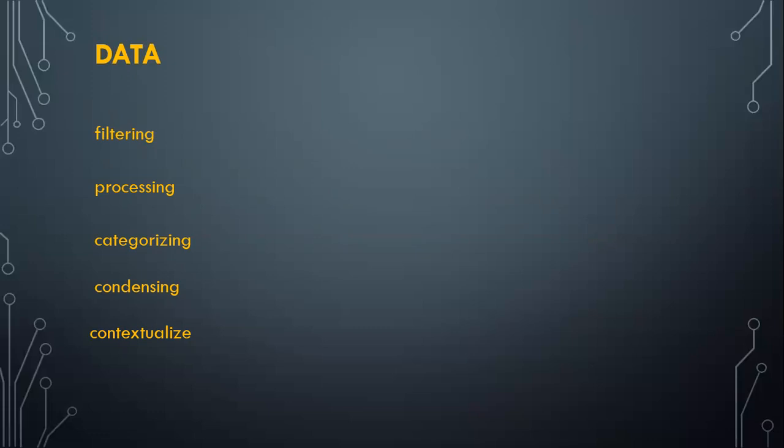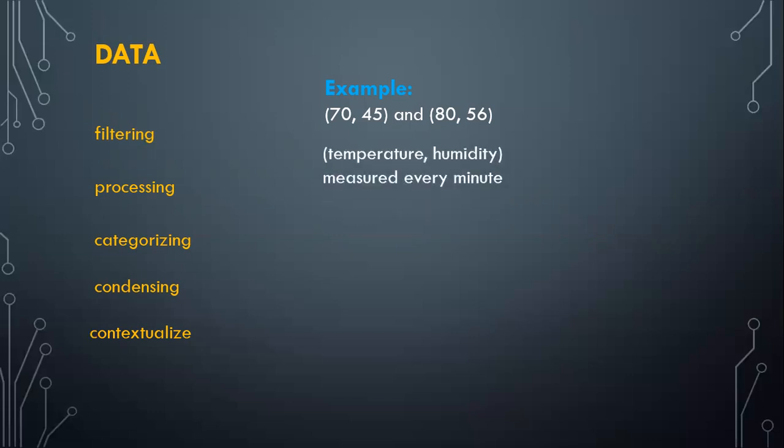When meaning is given to that data by adding the particular context, that each tuple represents the temperature as the first value, and the humidity as the second value measured by the sensor every minute, we know the particular meaning of the data generated by the weather monitoring station.